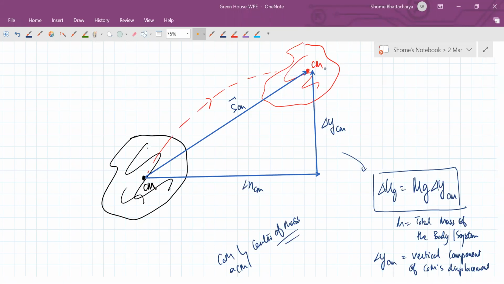Now basically what happens is that the center of mass, you will study in that chapter called center of mass also later. You might have started that chapter also with Hemant sir, right? So center of mass is the symmetry point with respect to mass distribution.